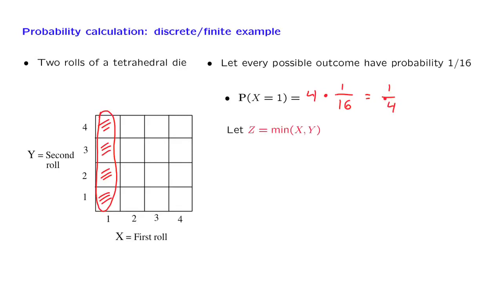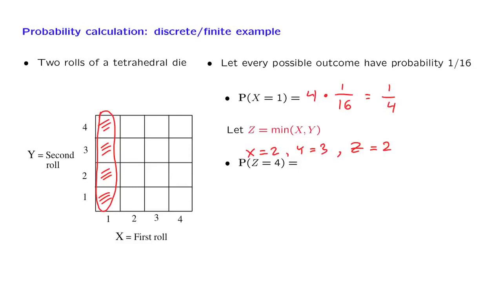Let now z stand for the smaller of the two numbers that came up in our two rolls. So, for example, if x is 2 and y is equal to 3, then z is equal to 2, which is the smaller of the two. Let us try to calculate the probability that the smaller of the two outcomes is equal to 4.